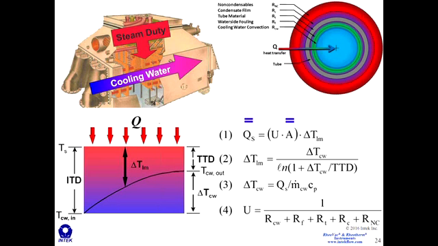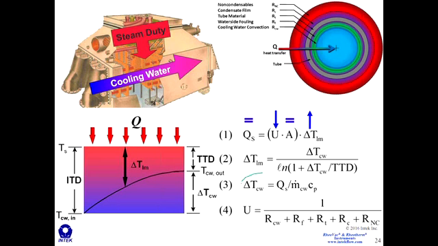So if we keep the duty constant, you keep the load that's being given to the condenser constant, you keep the surface area, the condensing surface area constant, so those are equal. But any one of these resistances increases, whether it's due to air in-leakage, fouling, or anything like that. If U decreases, then the delta T LM has to increase.